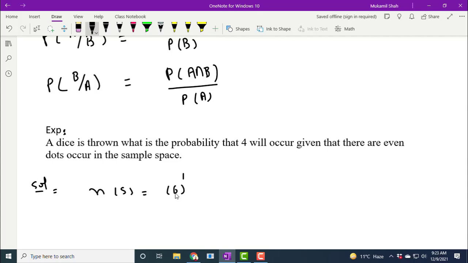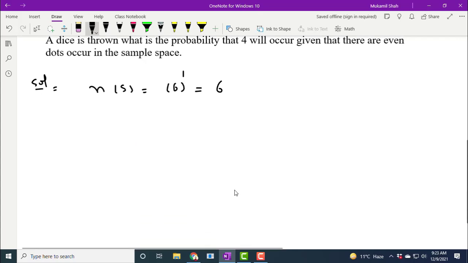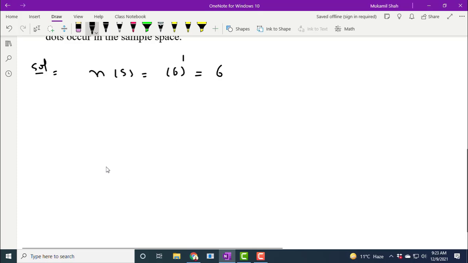Since 1 dice is thrown, this is 6 to the power 1, and 6 outcomes will occur in the sample space. If you want to construct the sample space, it will be 1, 2, 3, 4, 5, and 6. So this is the sample space. Now we are interested in the probability of 4.